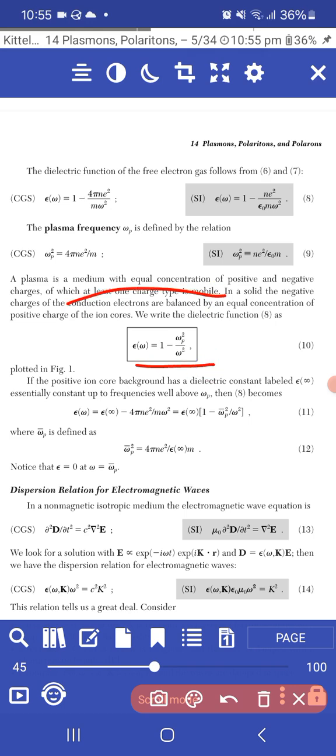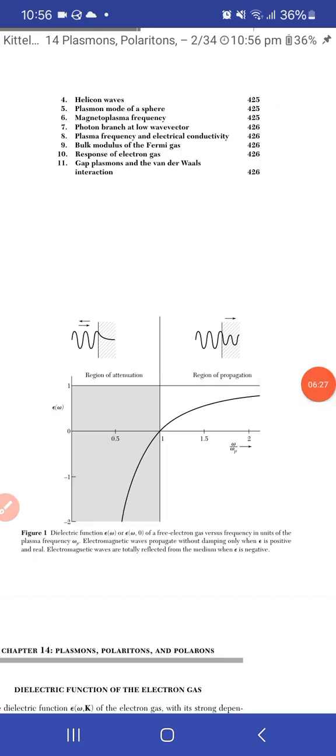is a medium with equal concentration of positive and negative charges, of which at least one charge type is mobile. In a solid, the negative charges of conduction electrons are balanced by an equal concentration of positive charges of the ion core. The dielectric function is plotted in figure 1.